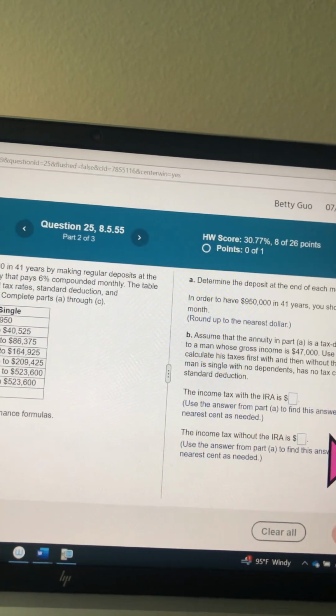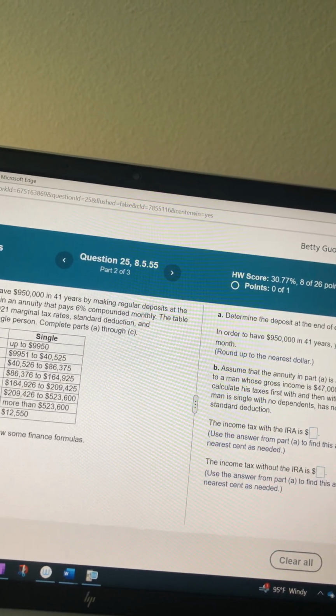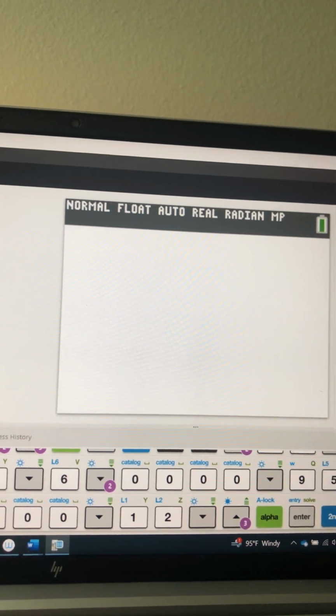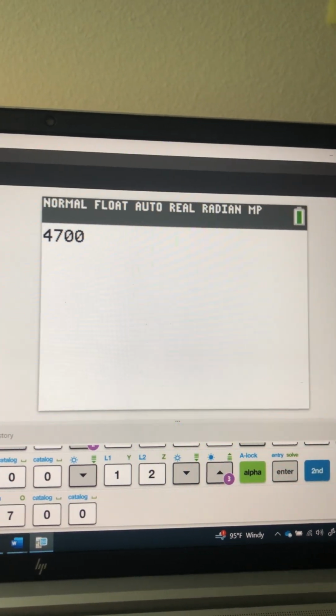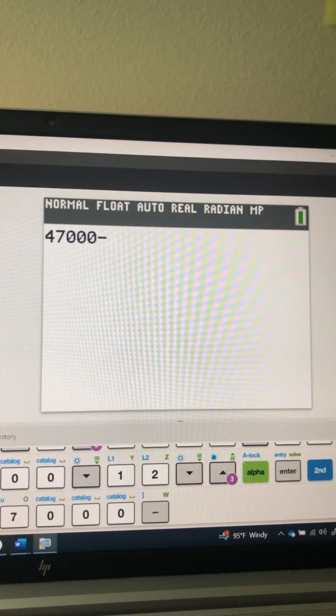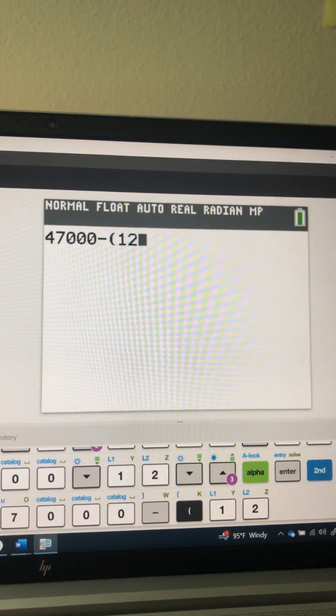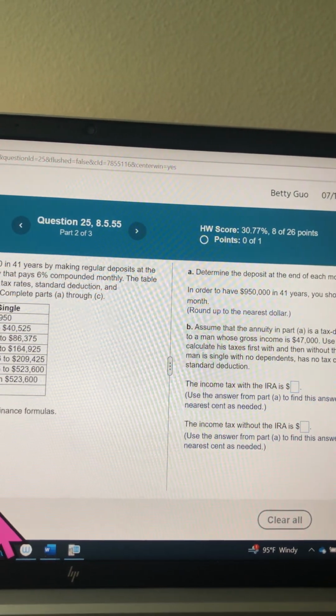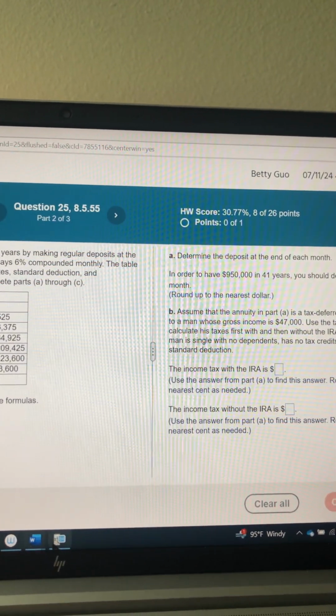Gross income is 47,000, and use that minus 12 times the monthly payment. Your monthly payment is 447.